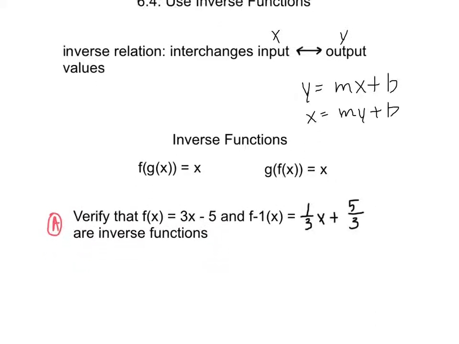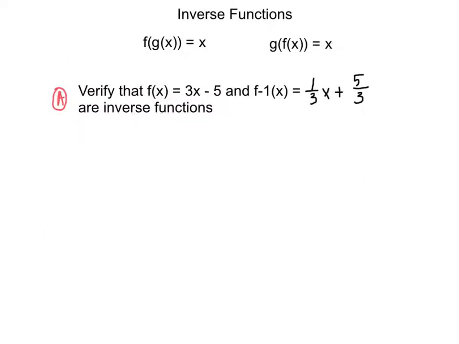Next we have inverse functions. These are f of g of x equals x and g of f of x equals x. So these two are obviously interchangeable, and this is how we prove or verify that these two equations are inverses of each other.